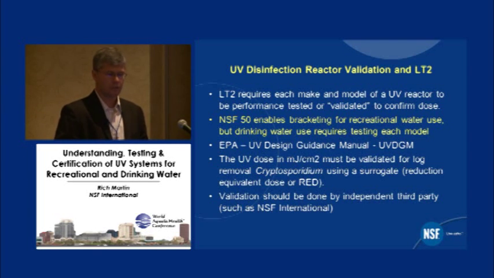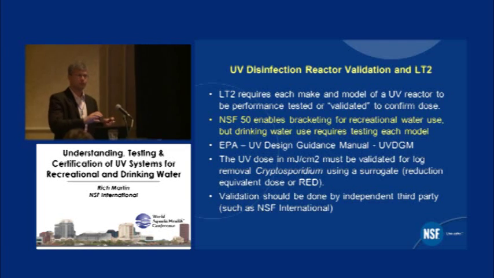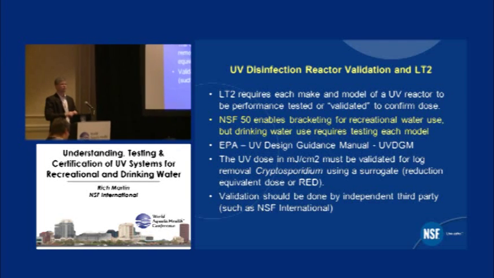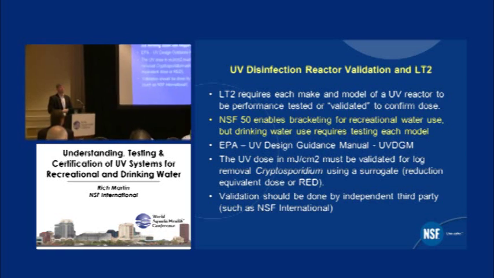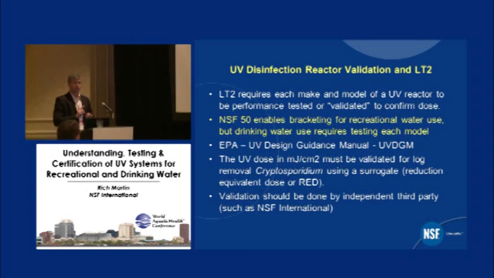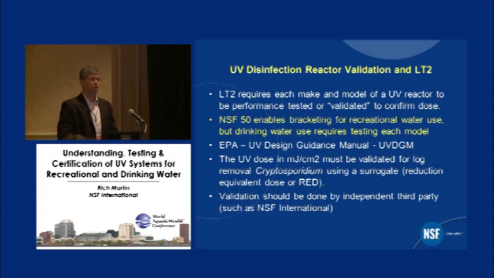Beyond that, there's, again, this concept of the validated dose. And then in our drinking water program, it's testing of each UV system for drinking water, but in rec water, to test the two worst designs in a similar family. When you think about that family, it's actually putting in some very firm boundaries and barriers, so those products are extremely similar. Again, same kind of hydraulic design, same sensors, same lamps.